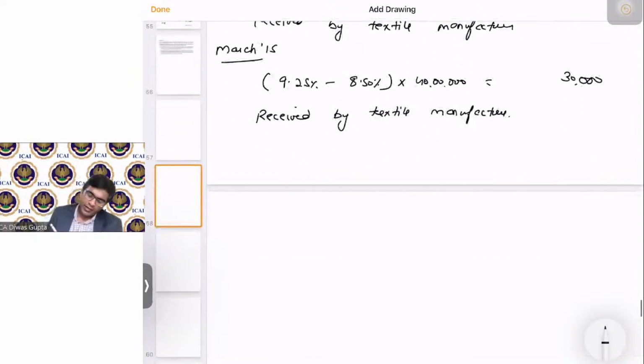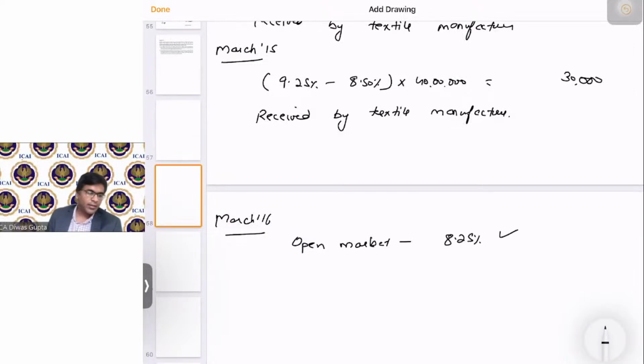Now, last date, which is March 16. Now, what is happening in March 16? The textile manufacturer has an option to borrow at 8.5, but the open market is giving at 8.25 percentage.